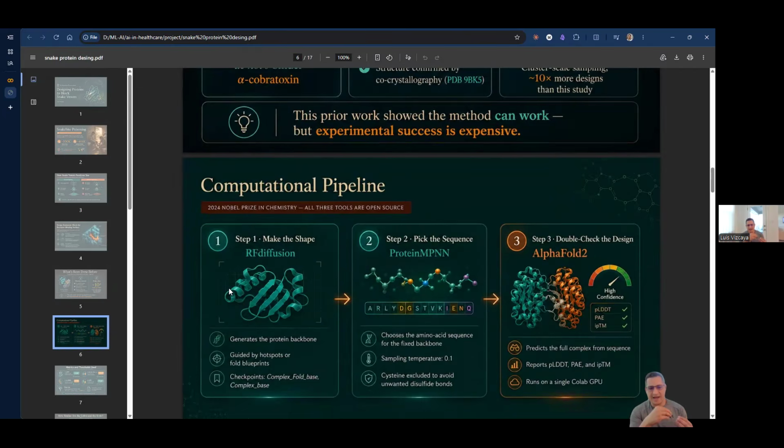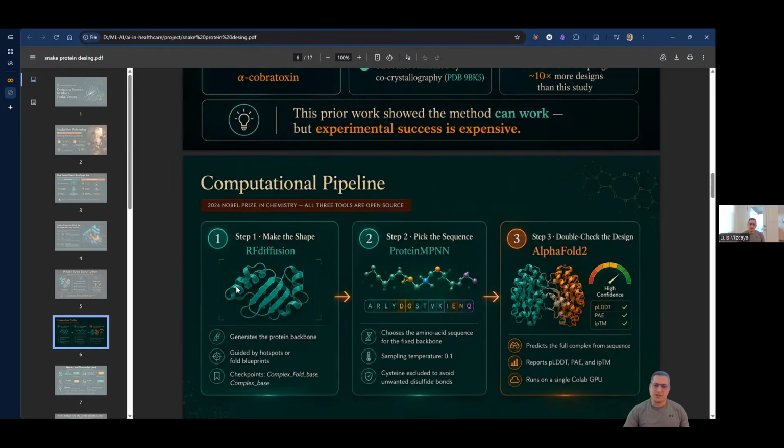The guide for creating that is the hotspot. You can tell the RFdiffusion program where the hotspot that attaches to the other protein is going to be, and you can also give the model a similar structure, and the model is going to try to follow that structure. That's called conditional folding, if I remember well.